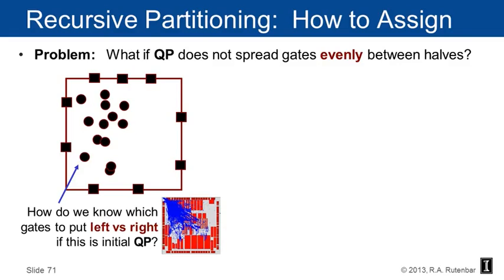How do we know which gates to put on the left versus which gates to put on the right if this thing that I'm showing you is the initial quadratic placement? Or said differently, the quadratic placement is telling you they all want to go on the left. What the heck am I going to do? Well, that's just not acceptable, right? I have to do something that puts the gates in a sensible set of locations.